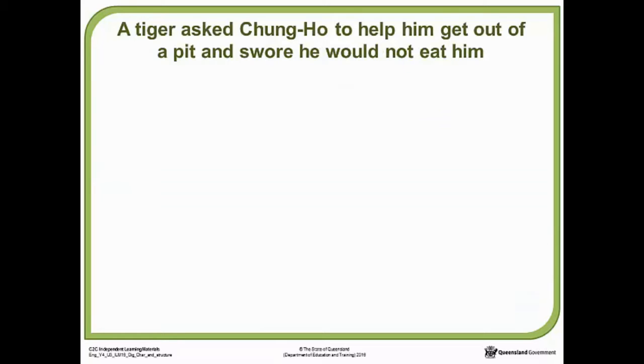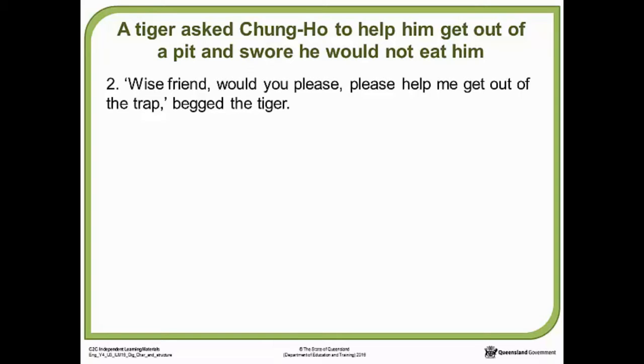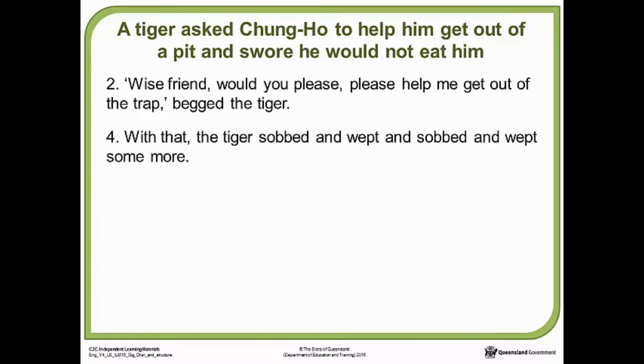The next event is a tiger asked Chung Ho to help him get out of a pit and swore he would not eat him. The first sentence is from paragraph 2. Wise friend, Would you please, please help me get out of the trap? Begged the tiger. And the next sentence is from paragraph 4.